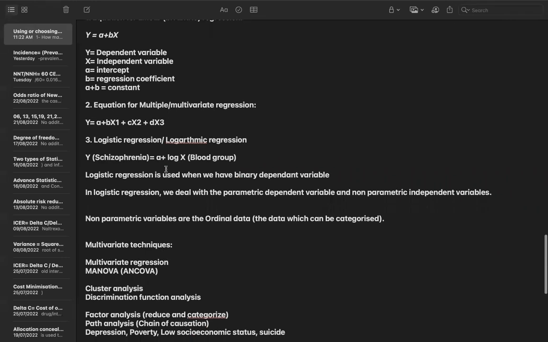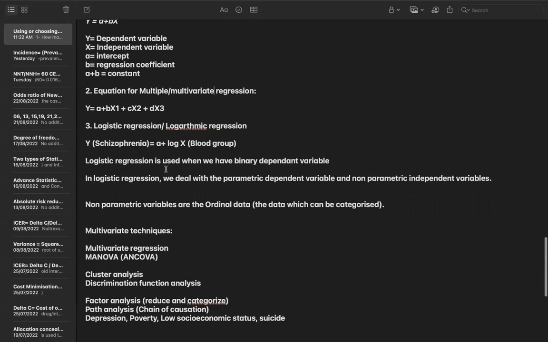Now we are talking about logistic regression, which is also known as logarithmic regression. What is this? Logistic regression is used when we have a binary dependent variable. This is the dependent variable y, and binary means we have a dichotomous variable.